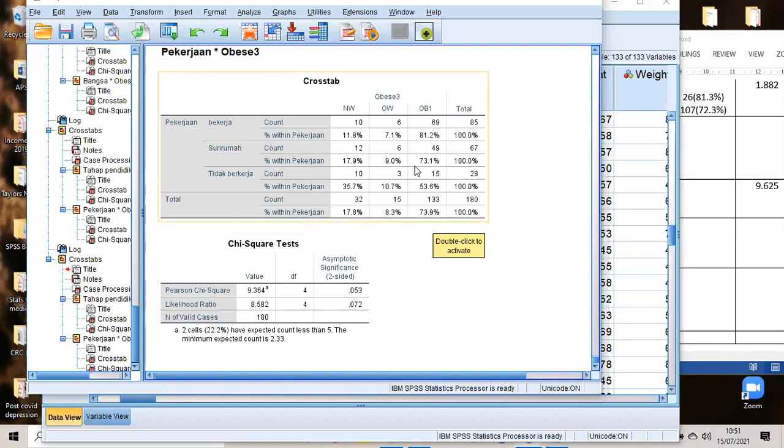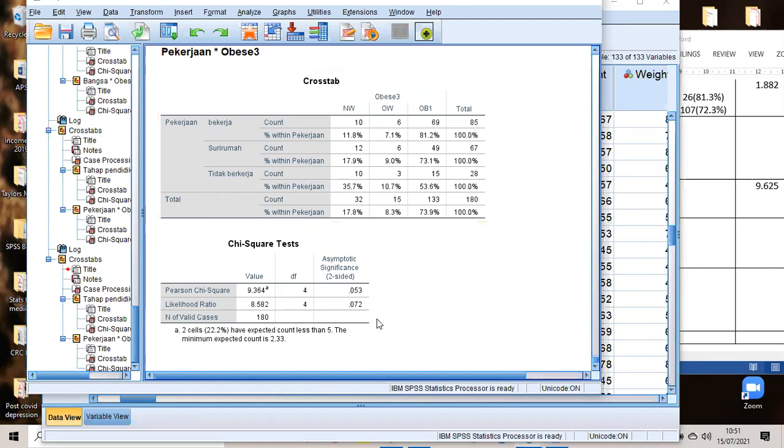But looking at this now, who's more likely to be obese? The bekerja. Working people are more obese, followed by housewives and not working, right? Working people seem to be more obese.